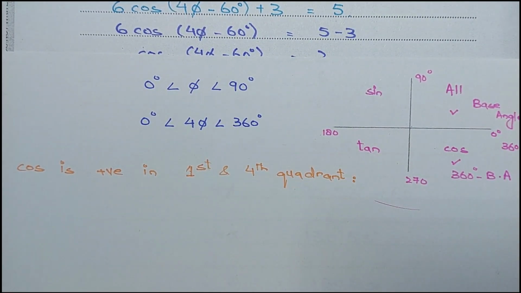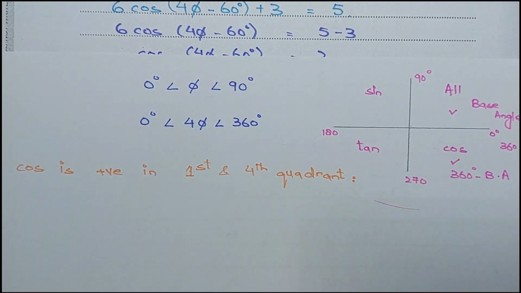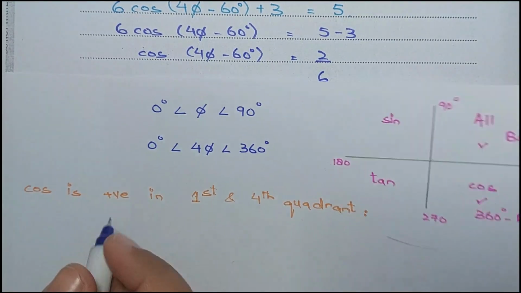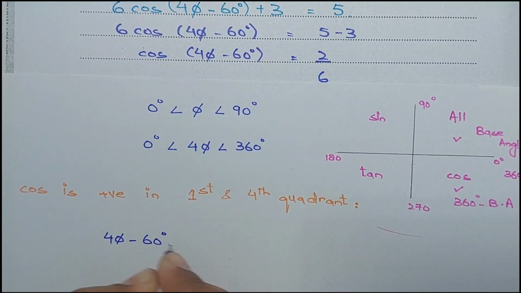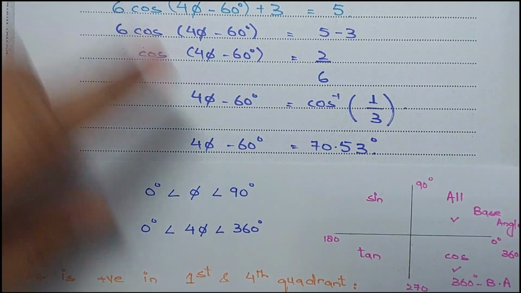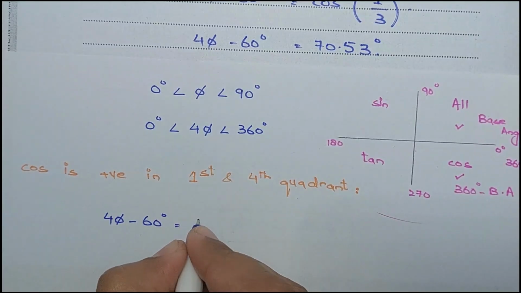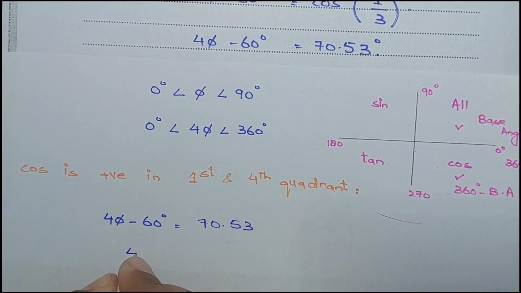Now we need to solve for the first quadrant. For the first quadrant, it is the base angle, so this whole angle equals the base angle. We can say 4 phi minus 60 degree is equal to the base angle, which is 70.53. Let me solve for phi.